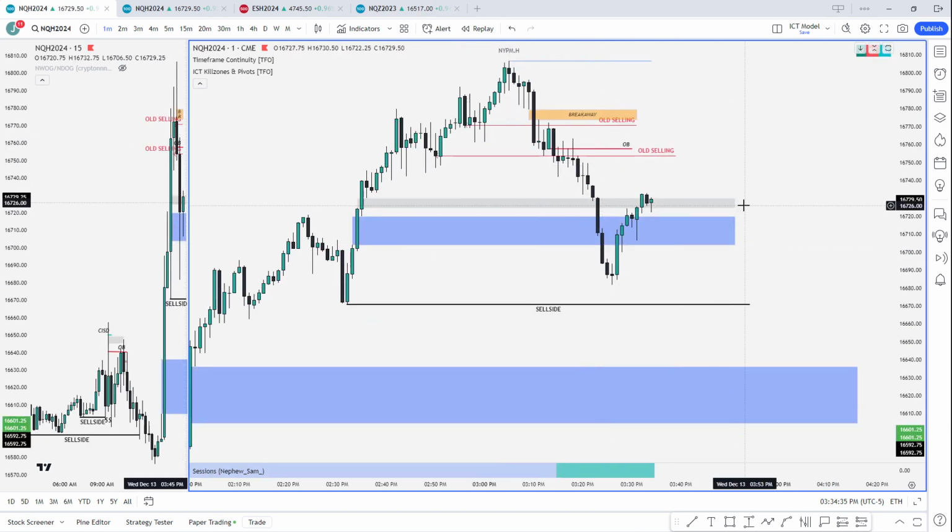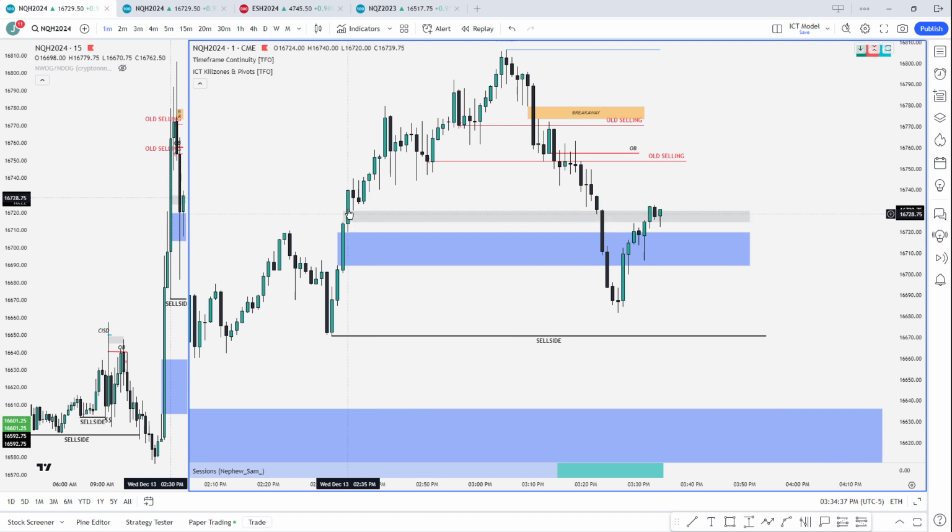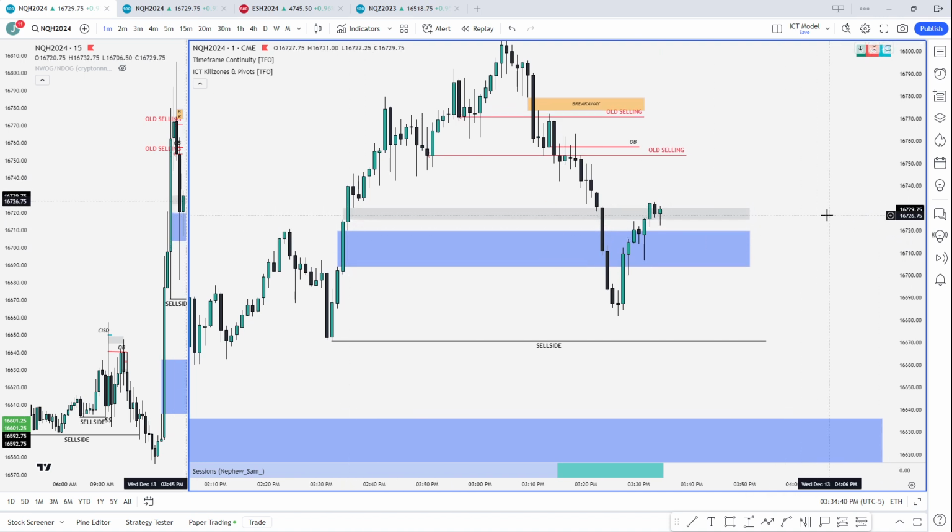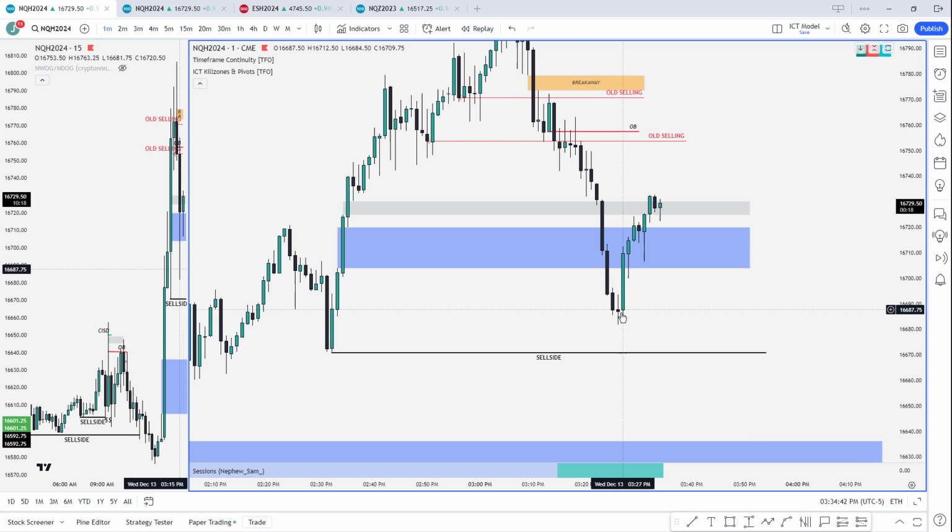I wouldn't trade YM. So we're trading up, filling the inversion over here. Watch for a fractal market maker sell model on this side too. Hope we go into premium for this leg for another shorting opportunity.